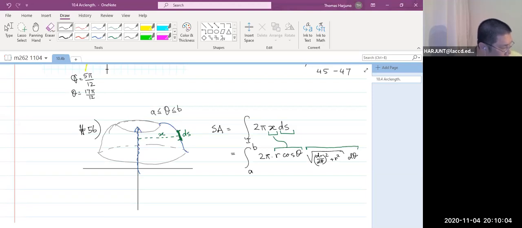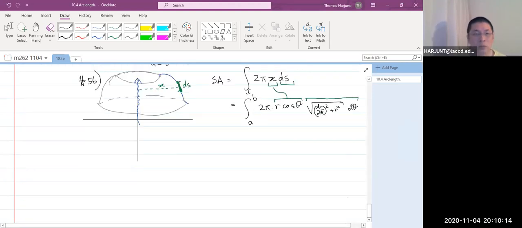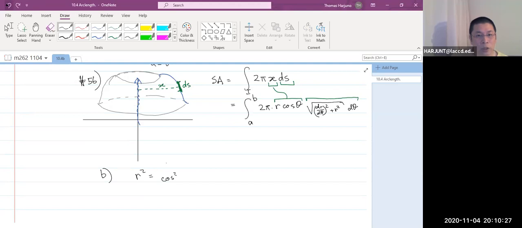Here, part B, find the surface area generated by rotating the lemniscate r squared equals cosine 2 theta.